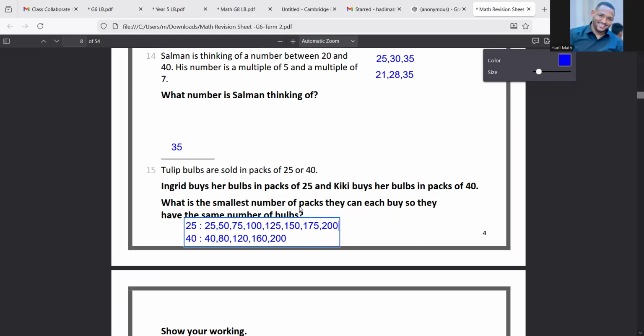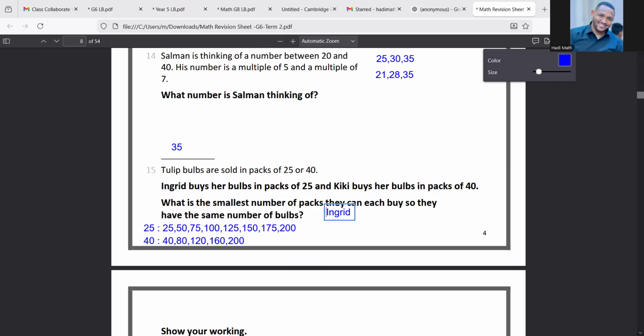They ask what is the smallest number of packs they can each buy so they have the same number of bulbs. 200 is a common multiple. 25 multiply which number is 200? So Ingrid will have bags of 25.